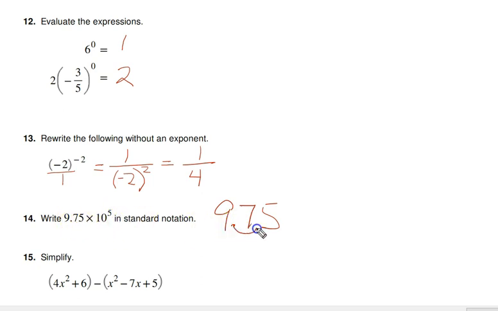So we move it 2, then we have to add 3 zeros. And then with our new decimal point here, and I guess I can erase this one here, there is this in scientific notation written in standard notation.